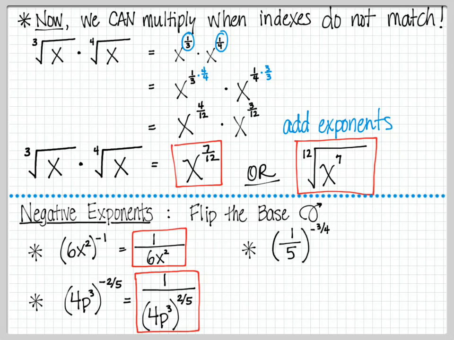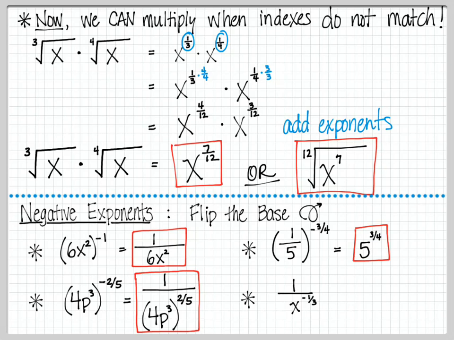The next one, we have 1 over 5 to a negative exponent. When we flip 1 over 5, we get 5. So 1 over 5 to the -3/4 is 5 to the +3/4. And our last example here, I have 1 over x raised to the -1/3.